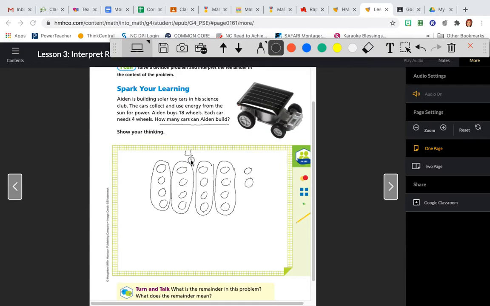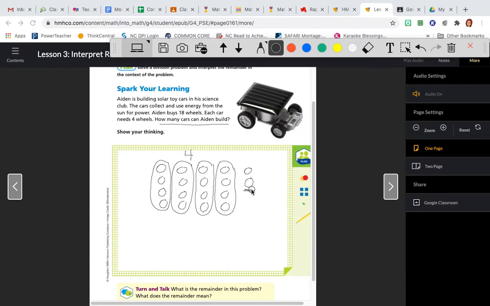But now, what is the remainder in this problem? What does that remainder mean? That's what we're looking at today. We know what the remainders are. We can identify them, but what is it and what does it tell us? If we look at the remainder in this problem, we can see that Aiden can make 4 cars, but that there are 2 wheels left over.